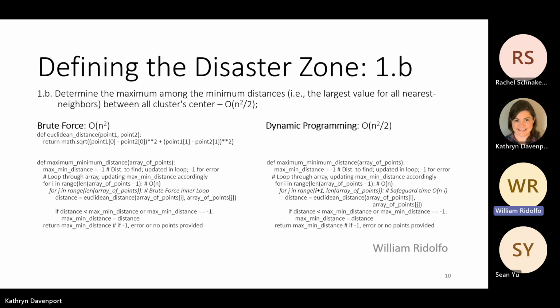There are two ways of doing this. First is brute force, which is O(n squared) time, or using dynamic programming, which basically cuts the brute force algorithm in half. You can see in the nested for loop here, the for j in range is the only difference between these two, but it is a very effective way of reducing time.